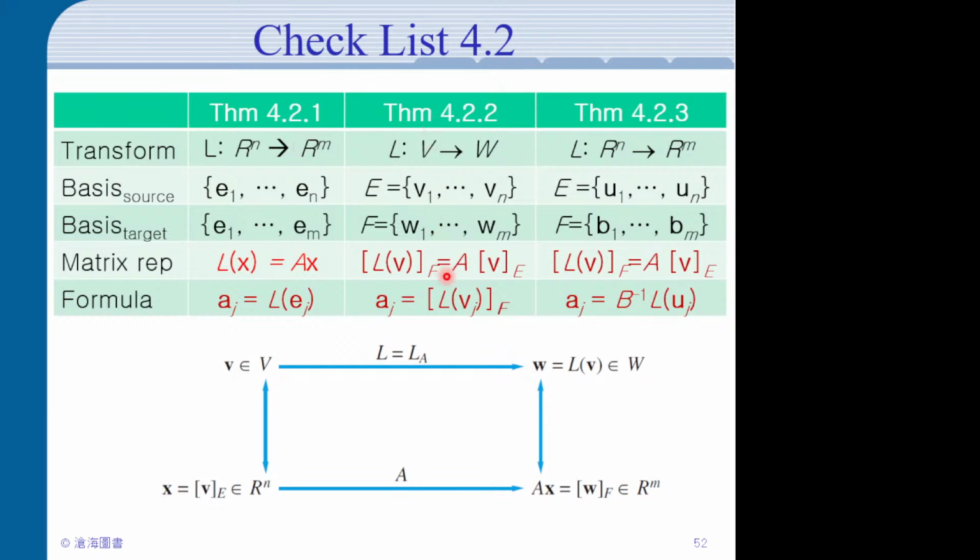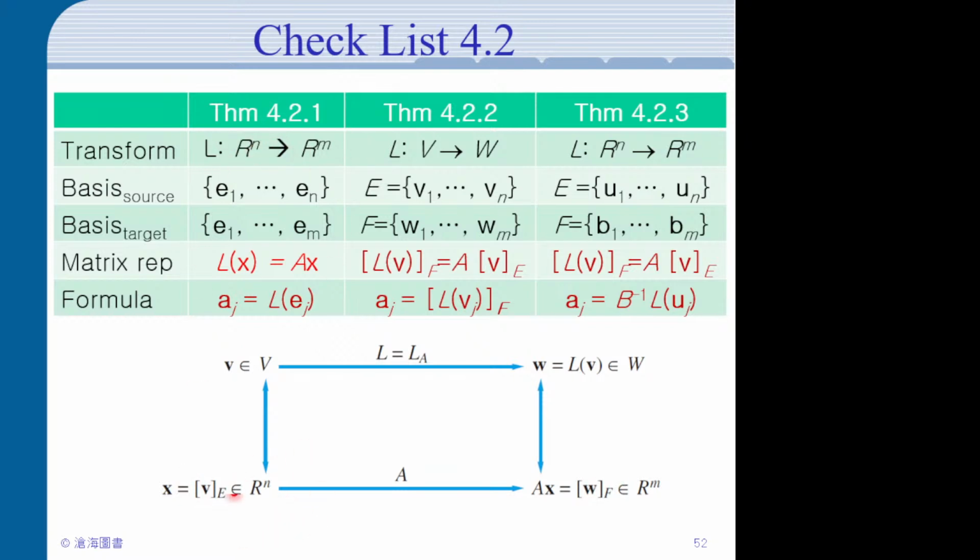So yeah, here are the theorems in 4.2. But anyway, basically what we are thinking in 4.2 is we want to find the matrix representation of our linear transformation. So we start with our vector space being nice. So we transform from Rn to Rn.